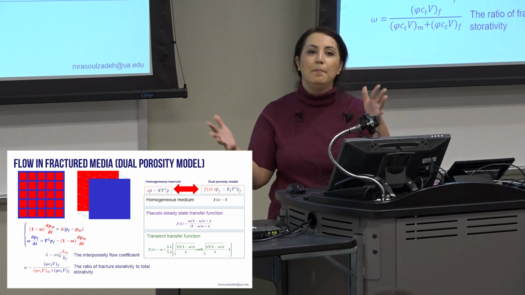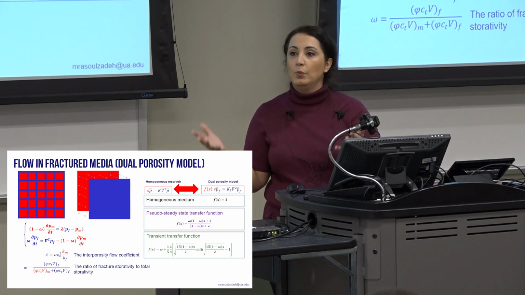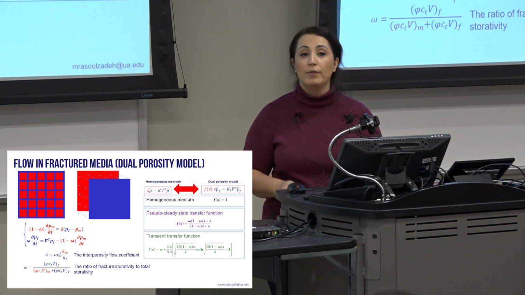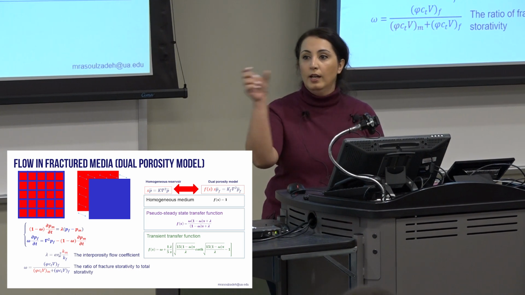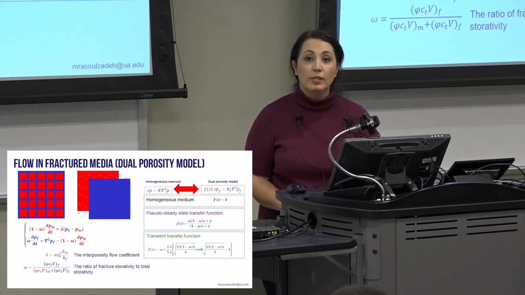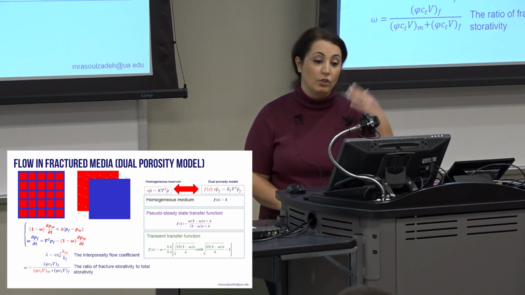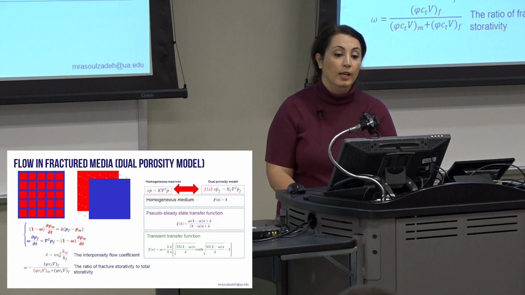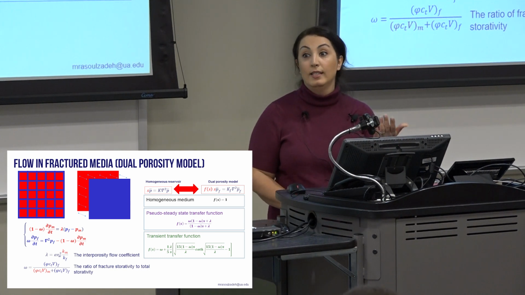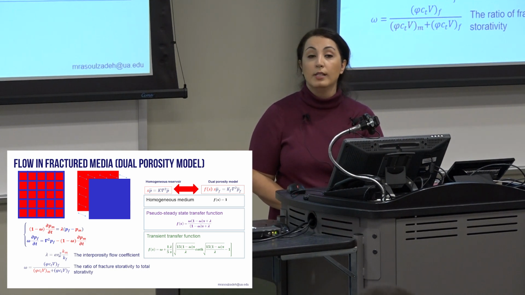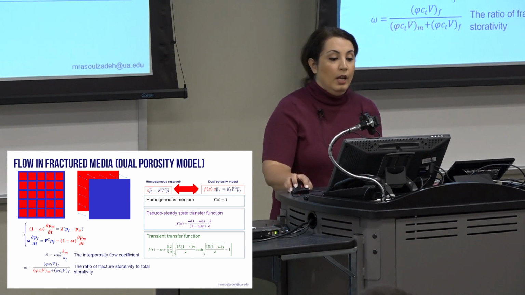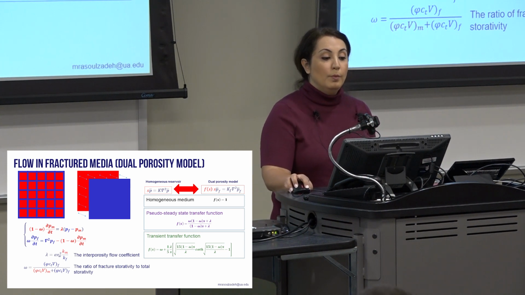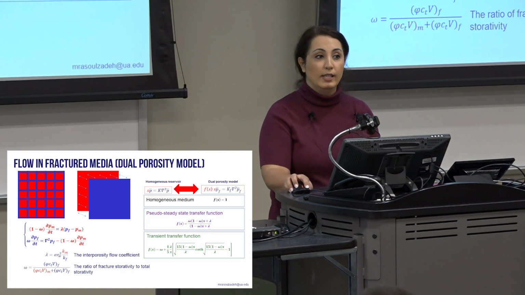So many of the formulas that we have for engineering use, we can just change by this replacement and use them for fractured media. That is very convenient, and that is one reason the dual porosity model is very popular in the oil and gas industry. Here we assume a pseudo steady state fluid exchange.